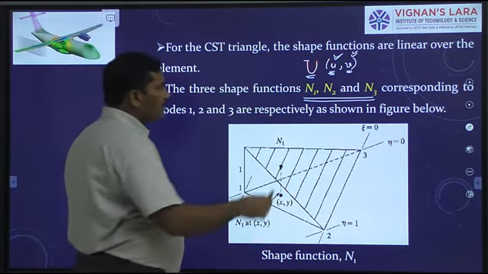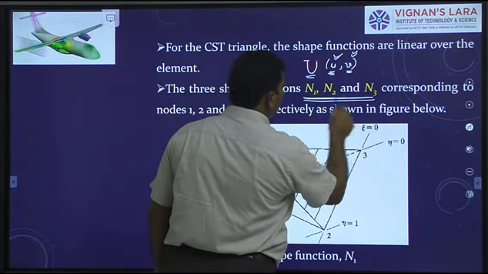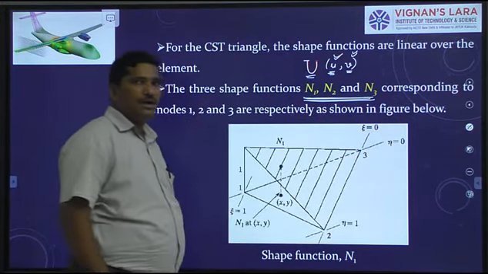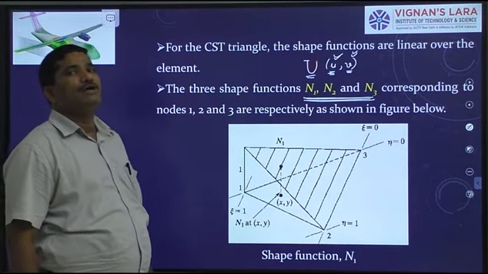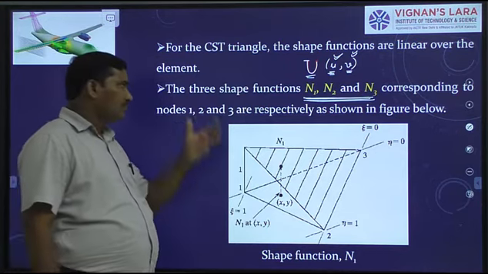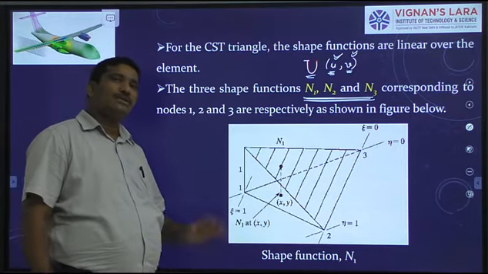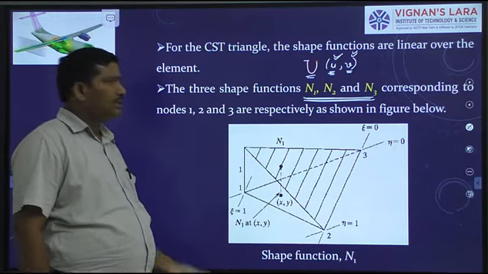These shape functions N1, N2 and N3 are the linear shape functions. They represent area coordinates. Okay, why they represent area coordinates, that we see in next class, right?